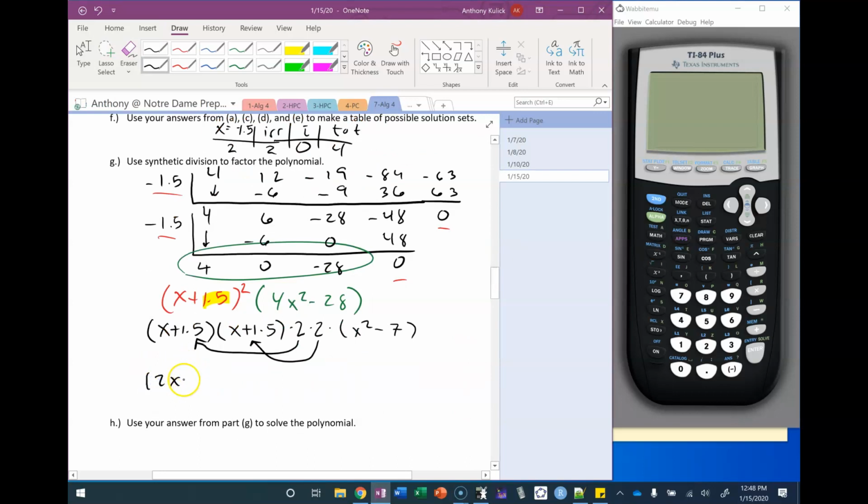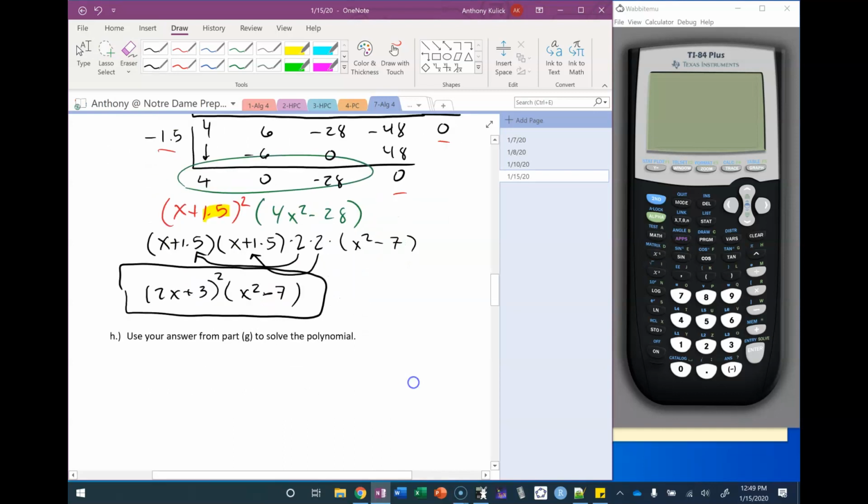So 2 times x is 2x, and 2 times 1.5 is 3. And then I still have the x squared minus 7. Now I have a factored form that has all integer coefficients, which makes a lot more sense when I have a polynomial that has all integer coefficients. Everybody okay with that? Okay.